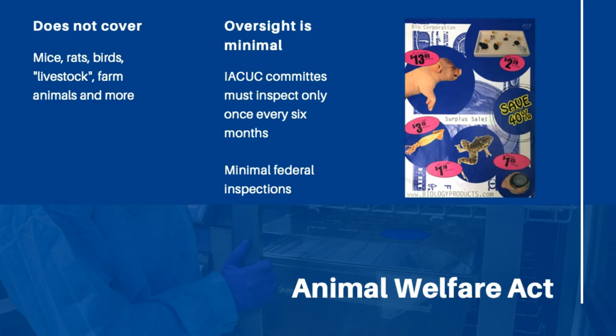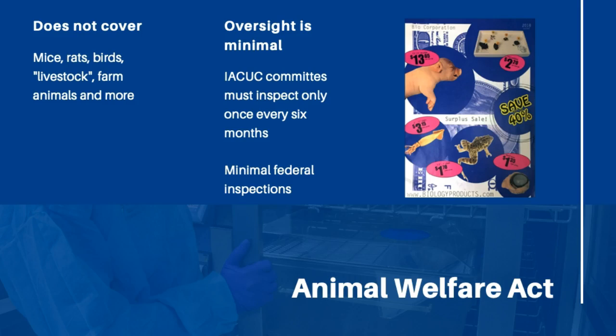This states that IACUC committees must inspect only once every 6 months. This means that it's only ensured that there will be 2 annual inspections. And these are not inspections that are done by the federal government, rather they are inspections that are done by the committees appointed by the institution that is being inspected. This is problematic in many ways.